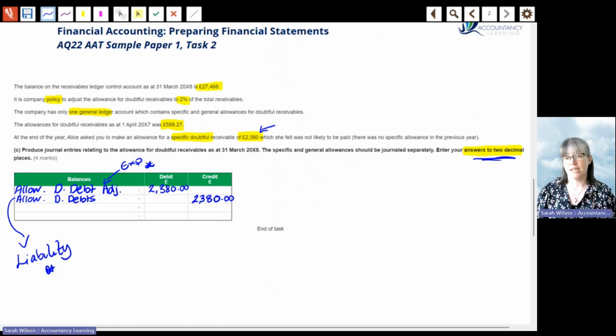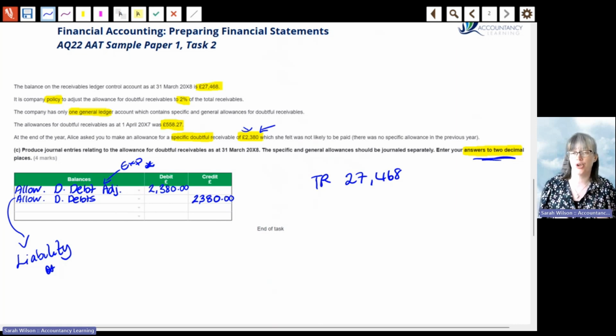So now we need to deal with the new doubtful receivables at 2%. So we've got our trade receivables figure of 27,468. And it's very key here to make sure you don't jump in and just take 2% of that figure, because we've got this specific debt here that we've already made an allowance for.